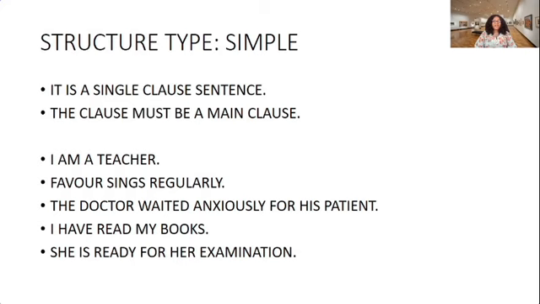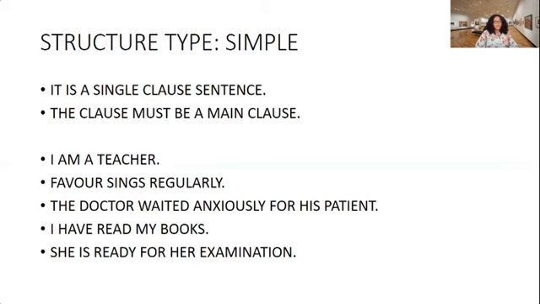Single clause sentence. Now, I believe the next question you may want to ask is, how do I know that is a single clause sentence? A clause is a combination of words with at least a verb. More details on that later. But if you look at these sentences on your screen, you'll find out that each one of them has only one set of verb as its verb in the sentence. Am is the only verb we have in the first sentence, I am a teacher. That tells you that it is just one clause sentence.